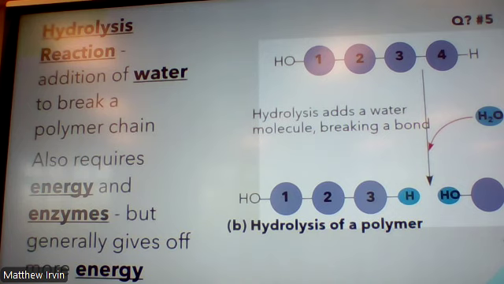So hydrolysis is splitting with water, and this requires enzymes. This is digestion. When your body is breaking down starch, pulling the glucose molecules apart, it's adding water to them and separating the individual glucose units off of the starch so you can absorb them.